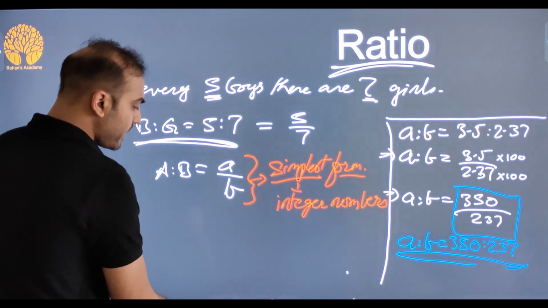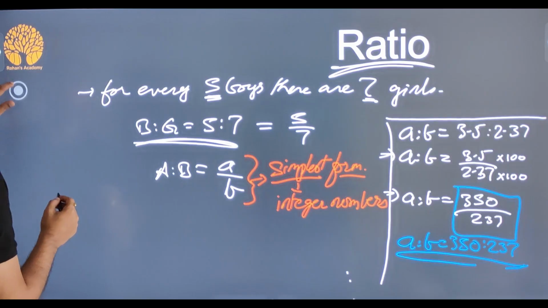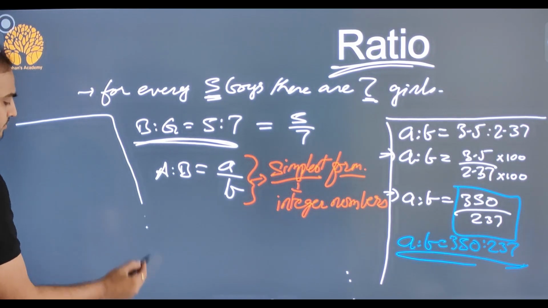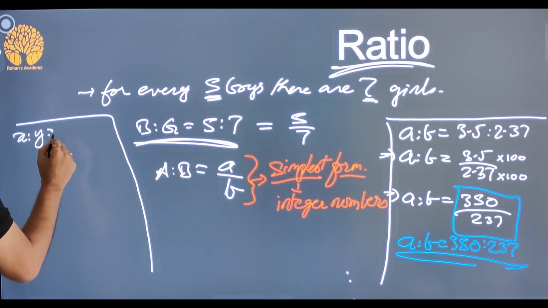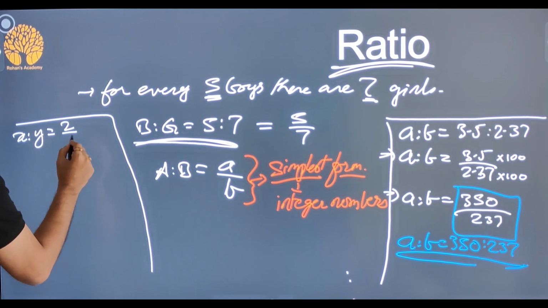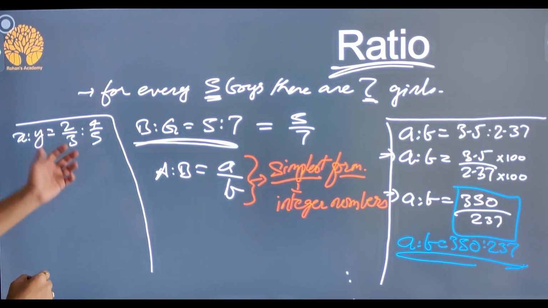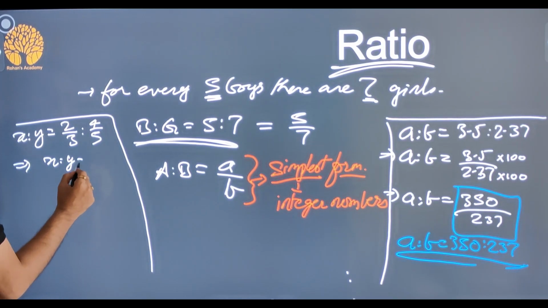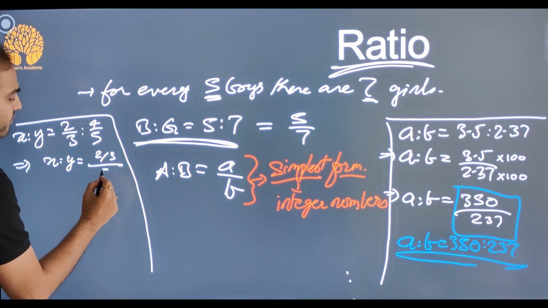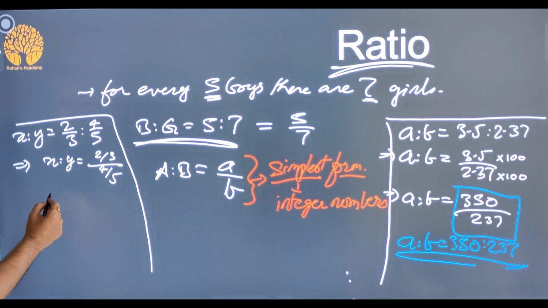The point is that you don't write ratios in decimals. Similarly, you will not write ratios in fractions either. Say x is to y is given to me as 2 by 3 is to 4 by 5. Again, this is not acceptable. We write x is to y as 2 by 3 divided by 4 by 5. Again we have done fraction division. We flip and multiply.